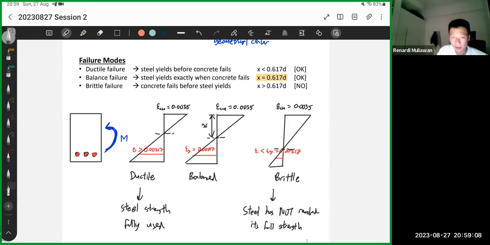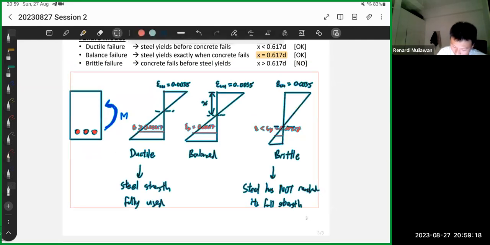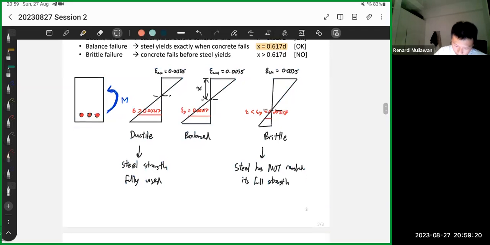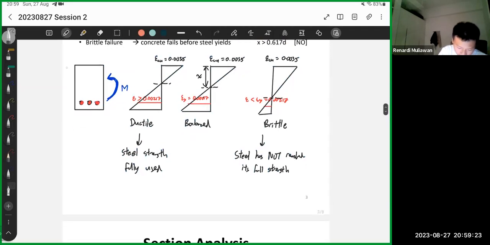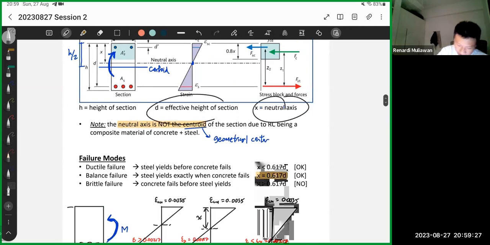If you want, I can prove this very quickly, just for you to understand how we usually use the strain diagram. I haven't explained yet: there's x, d, and h. People usually mix up d and h.